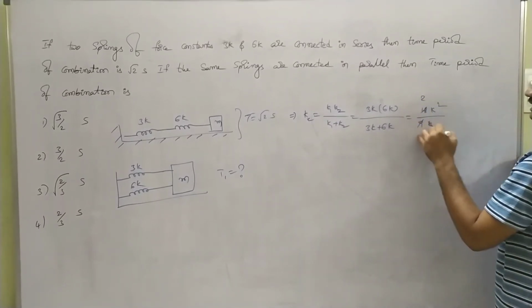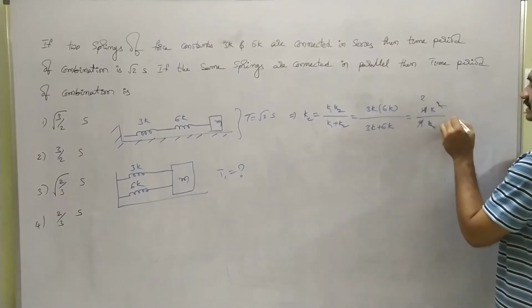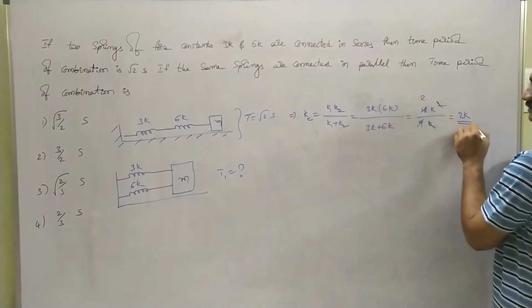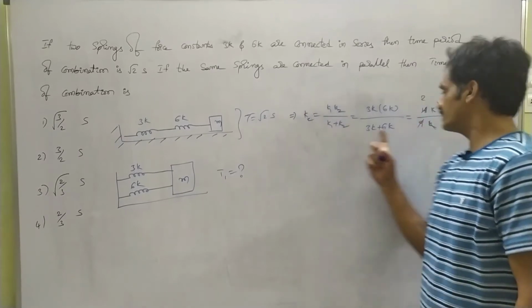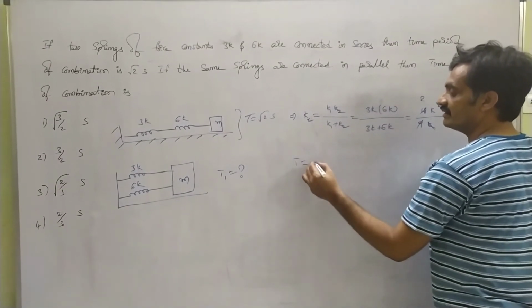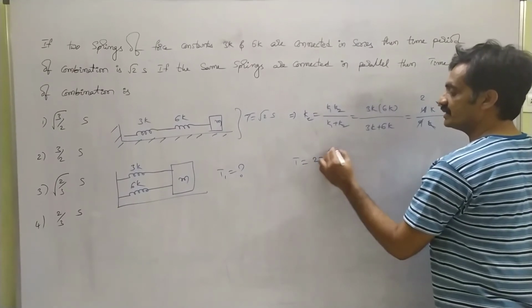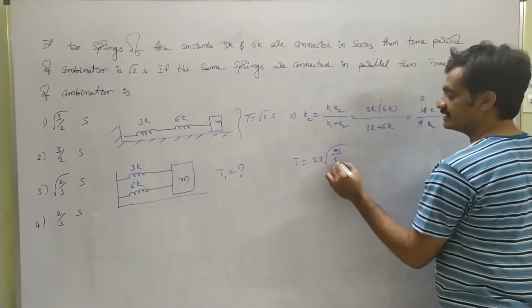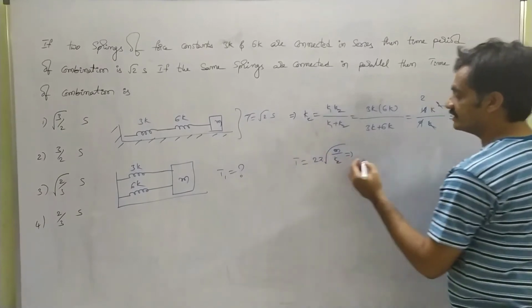So 9 into 18, and here the k gets cancelled. So we have 2k. The equivalent force constant is 2k. As we substitute this value in the time period, we know that the time period T is equal to 2 pi into under root of m by k effective, and here the time period is root 2 seconds.